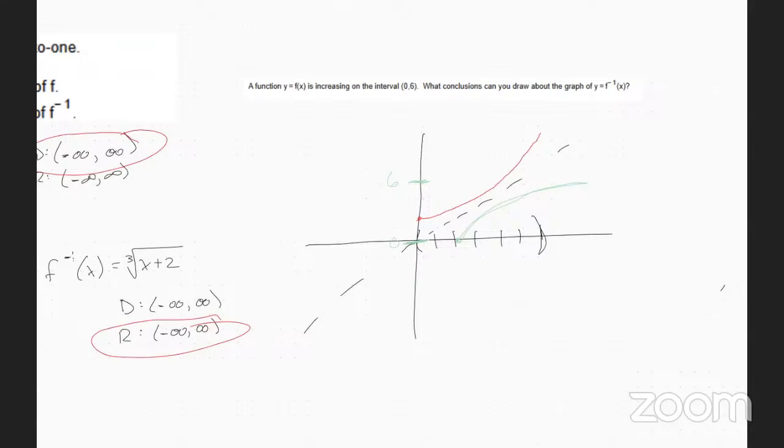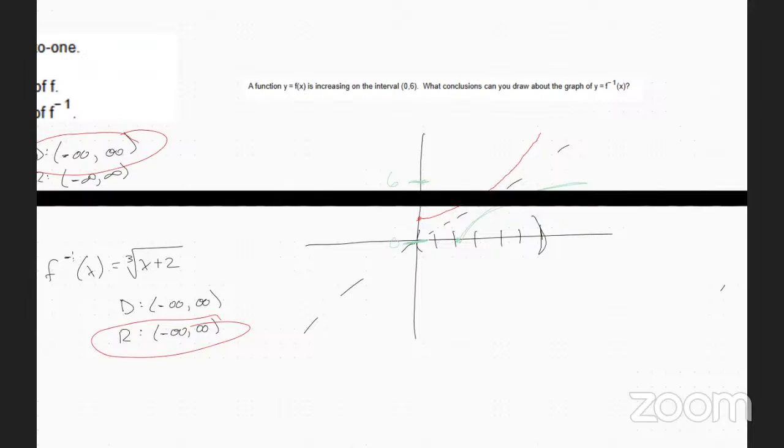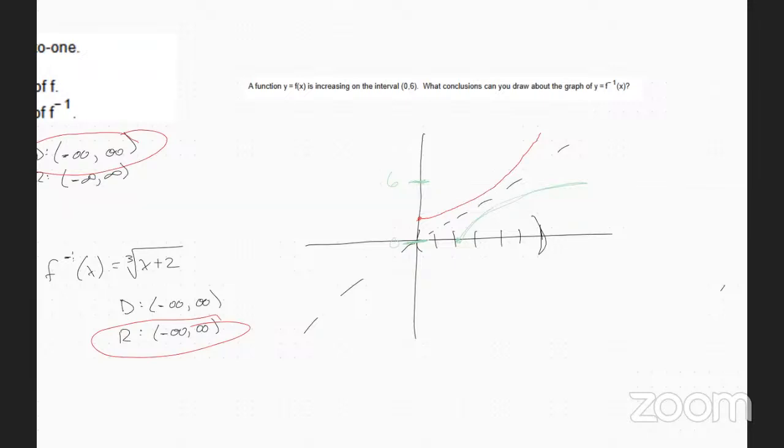I don't know what happened there. I'm back. Can you see me again? If your function was like this, then that's not increasing on that interval. So the inverse is not a function, because the inverse relationship would be a sideways parabola.